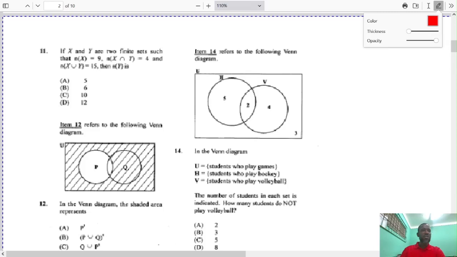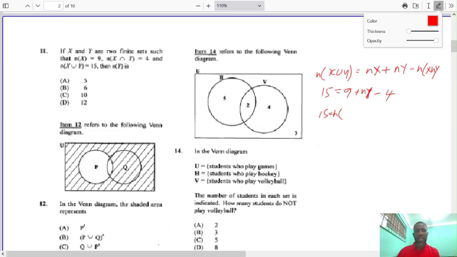So we have 15 is equal to the number in y plus 9 minus 4. 9 minus 4 is equal to 5.